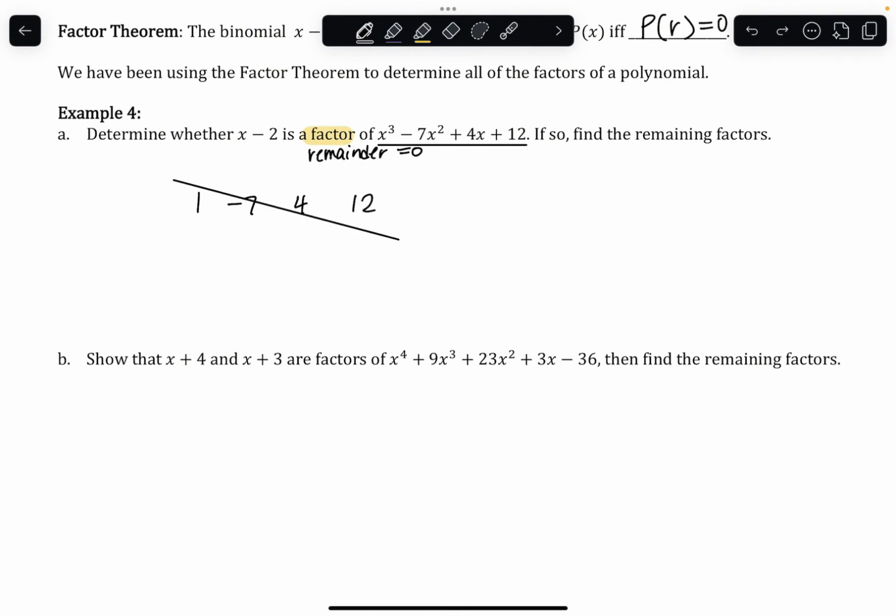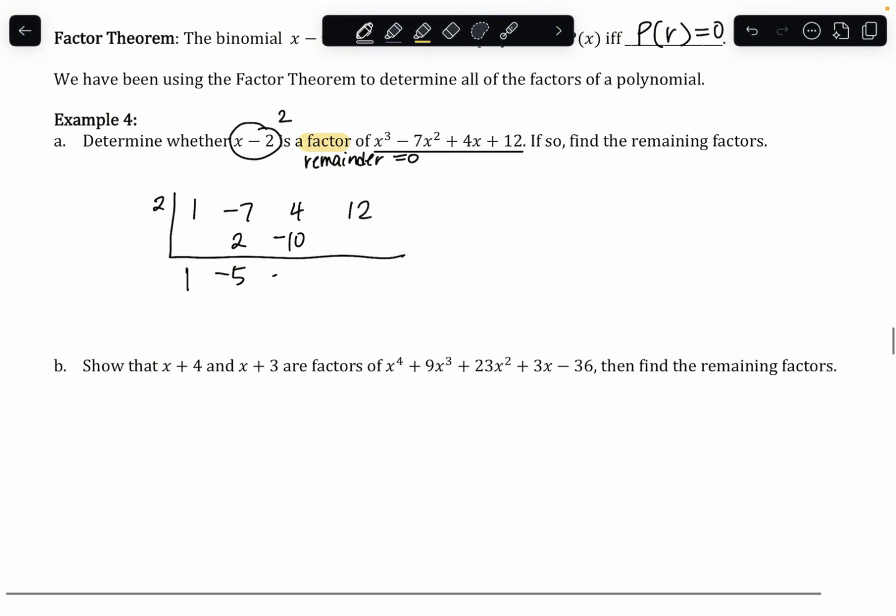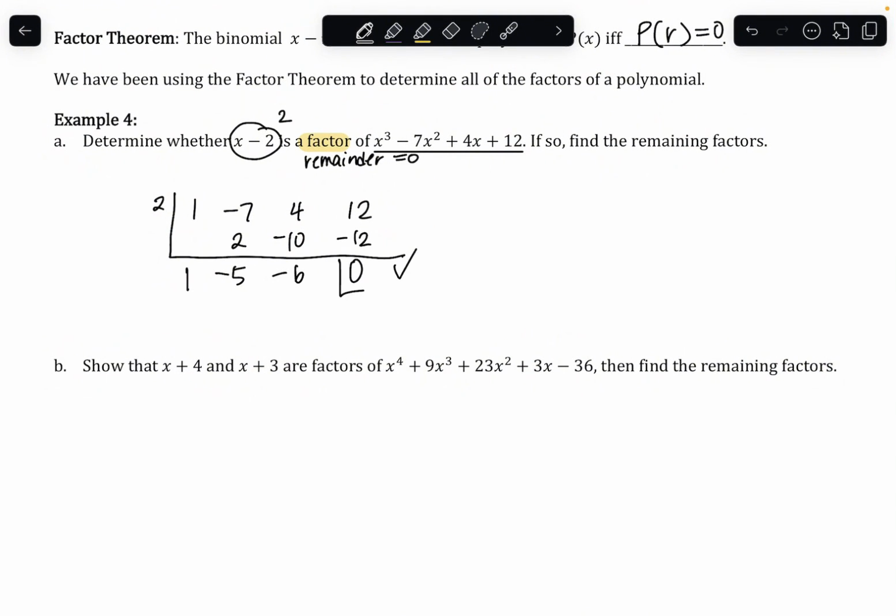And then the root of the divisor is 2. So bring down the 1, multiply, we get 2, add, we get negative 5, multiply, we get negative 10, add, we get negative 6, multiply, we get negative 12, and then add, we get 0. So yes, x minus 2 is a factor.